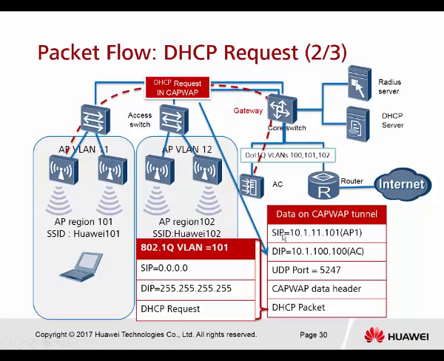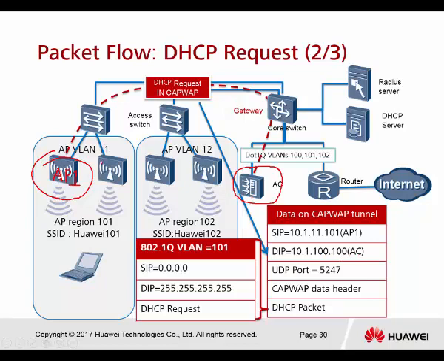From the outside view, you'll notice the source IP address is AP number 1, 10.1.11.101. This is my AP. And my destination IP address is 10.1.100.100. This is the controller.